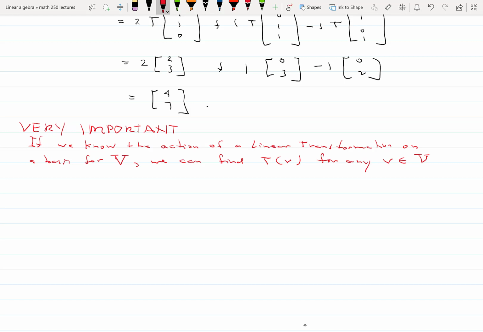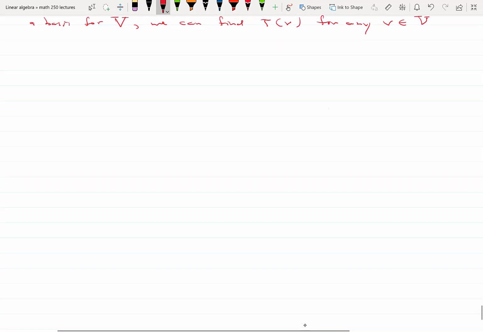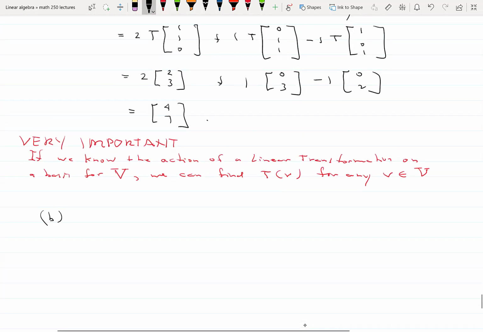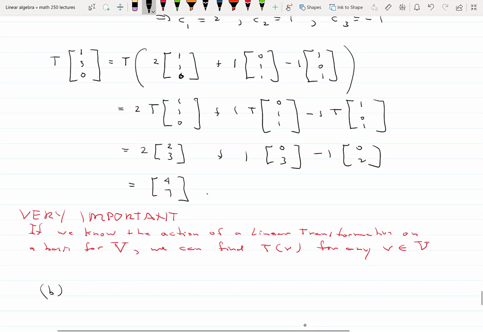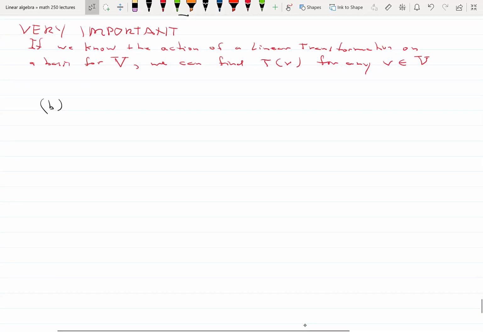The second part of this example is tough, but not conceptually tough. It's just algebraically tough because we can't use a calculator to help us out. I figured out the action of the transformation on this new vector (1, 3, 0), just knowing its action on the basis vectors.